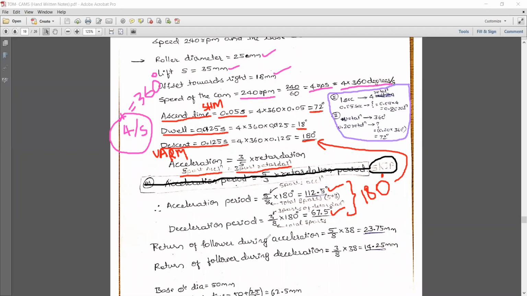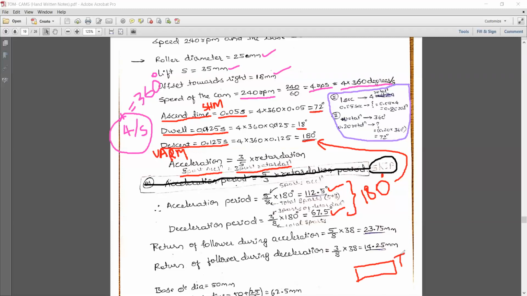Okay. So now this is how much angle is covered. There is one more part that will come, the vertical position. Total lift is how much? 38. I told you, right? Vertical height 38. You draw this box, right?